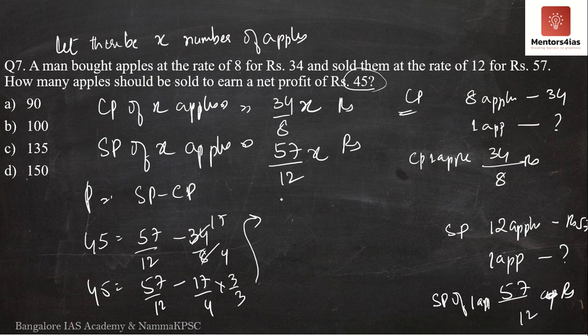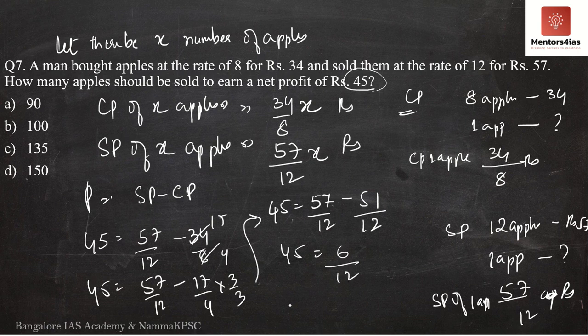So we have 45 is equal to 57 divided by 12 minus 17 threes, 51, divided by 12. The denominator is common. Sorry, I forgot to mention X. I have taken X common out, because it is 34 by 8 X and 57 by 12 X. 57 minus 51 is 6, so we get 6X divided by 12. 6 twos are 12.